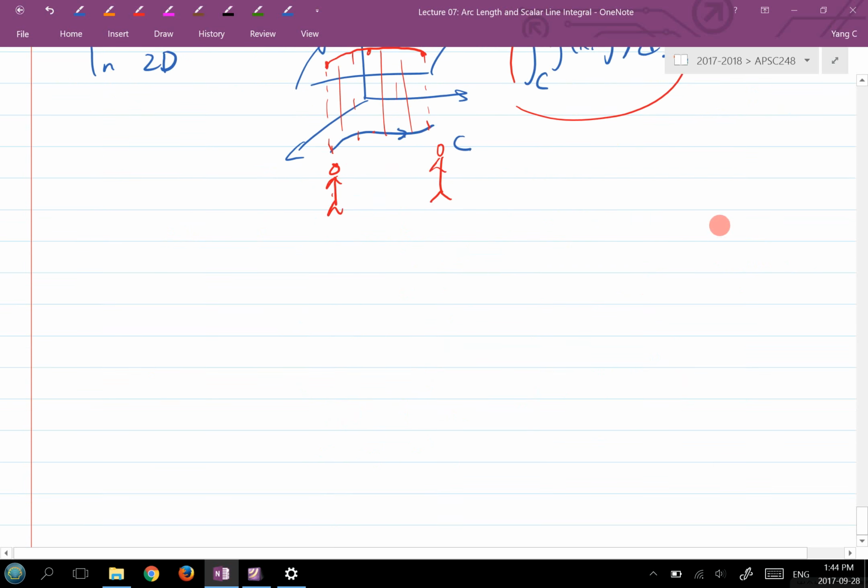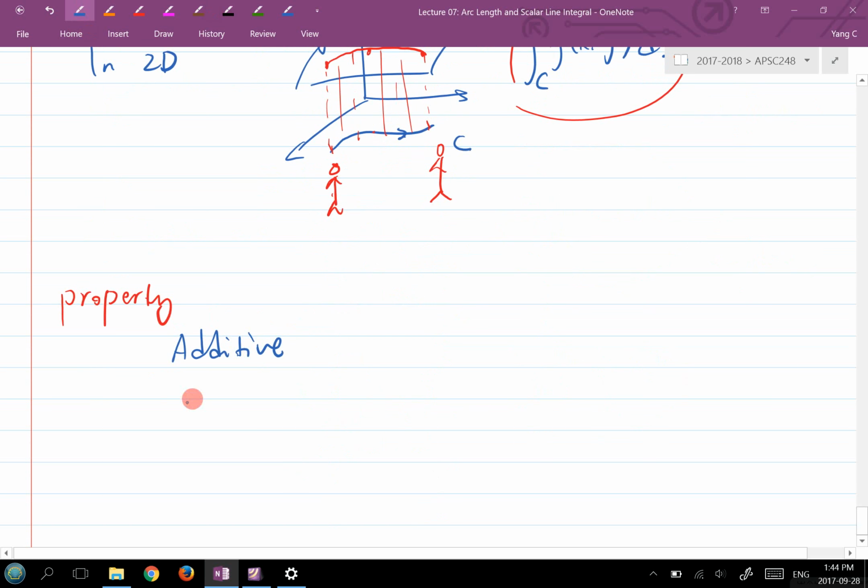We still have a couple of minutes here, so let me write down a property. Like a scalar function integral, there is a very important property called the additive property.